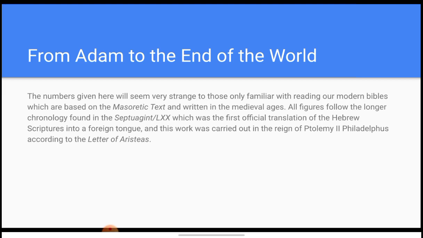For those of you not familiar with the letter of Aristeas, that is the source text for the history and creation of the Greek Septuagint as we know it today. It's called that not because there are 70 books, but because of the 72 elders chosen by the high priest at that time, I believe the name Eleazar.